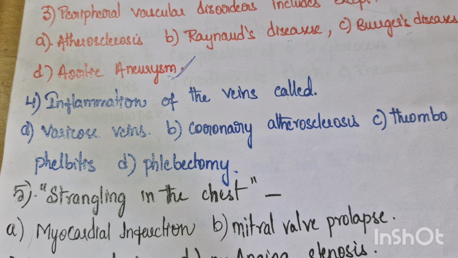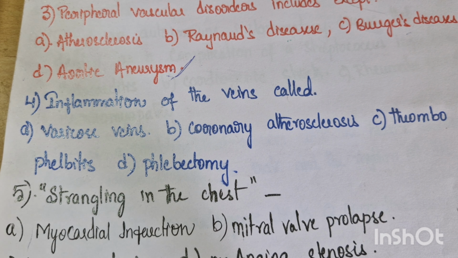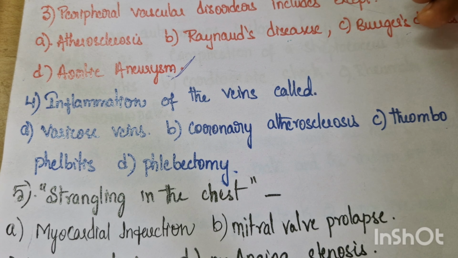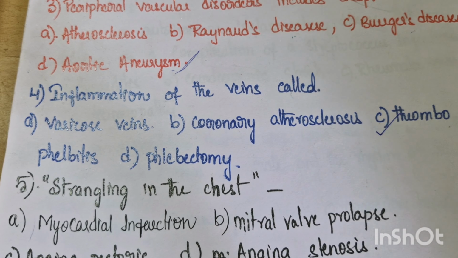So thrombophlebitis: whenever we see "itis", that is inflammation. So here the answer is thrombophlebitis. Okay? It is the inflammation of the veins due to the thrombus. Usually inflammation of the veins is called phlebitis only, but here they have given thrombophlebitis. But option D, phlebectomy: "ectomy" means removal. Okay? Removal of the vein. So that is also not the answer.